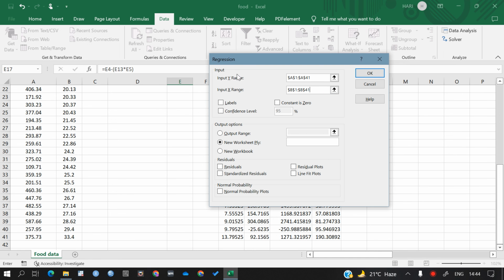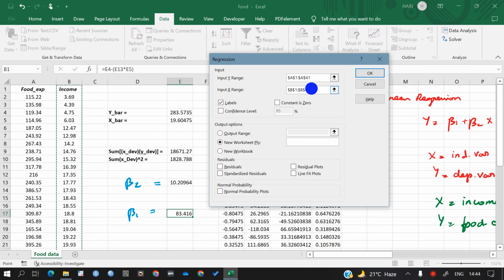So after selecting the range of both the dependent and independent variables, we need to check this tick box, that is labels, because as you can see, I have selected from A1, the first cell, so that contains the label of that range. So I am ticking this small select box, that is labels. So Excel will consider the first cell as the heading of the range.